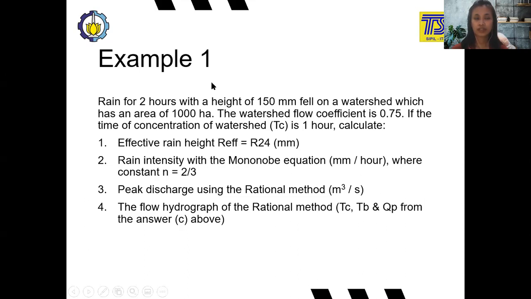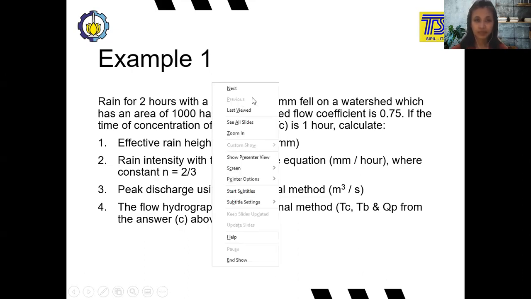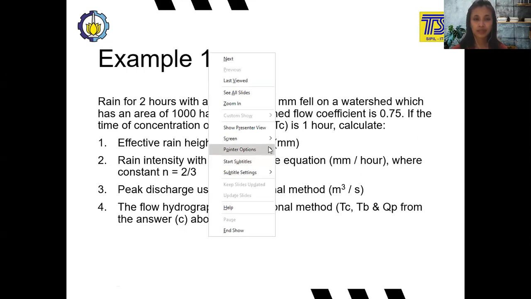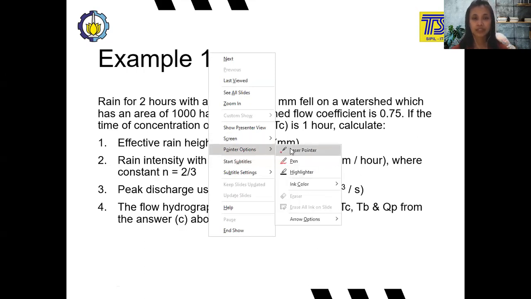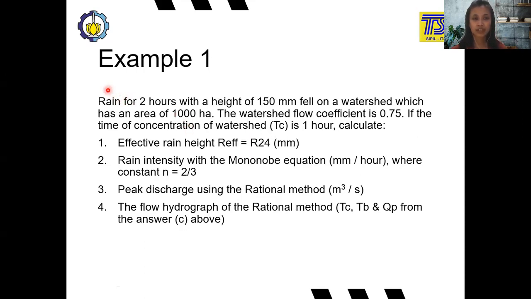If you still remember from our previous meeting, there are time of rain and time concentration. So it can be seen from the time of rain, 2 hours, and time of concentration of 1 hour. It means the time of concentration is less than time of the rain.